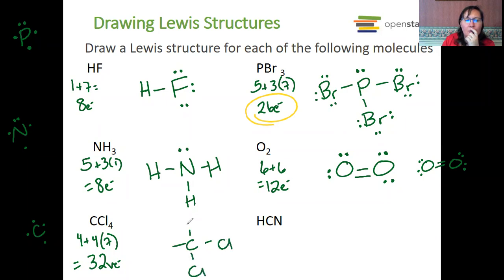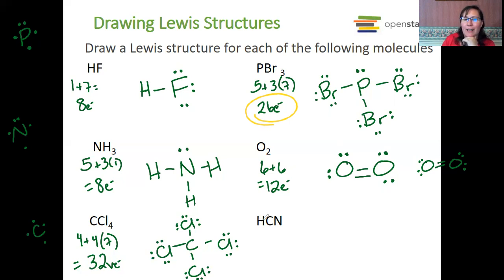You almost always see carbon with its 4 bonds. And chlorine is a halogen. So let's see if this works out: 2, 4, 6, 8, 10, 12, 14, 16, 18, 20, 22, 24, 26, 28, 30, 32. Everything has 8 and I have 32, so I'm good.